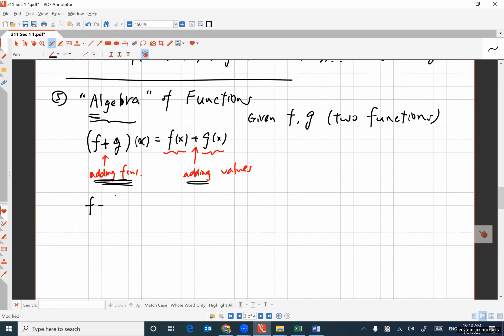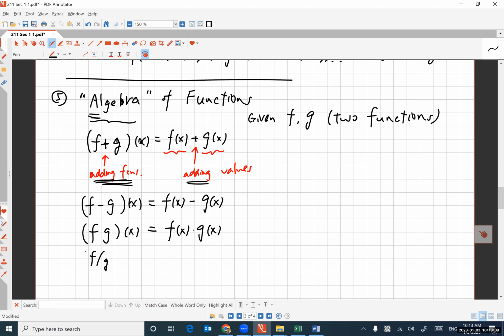Same thing here, f minus g is the difference of two functions. It is defined as the difference of the two values, f of x minus g of x. Not hard, right? fg, a product of two functions, is obtained by multiplying f of x and g of x.